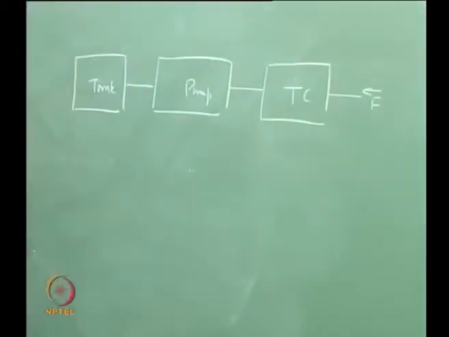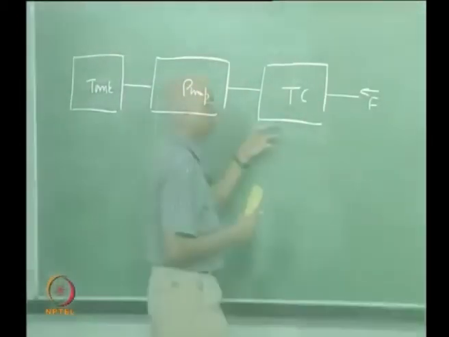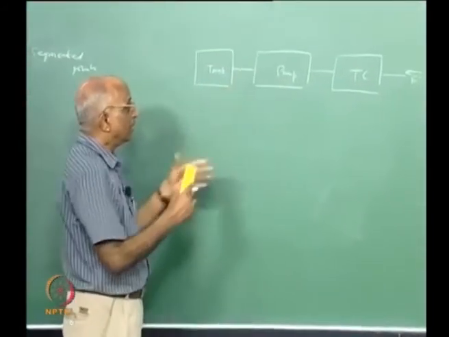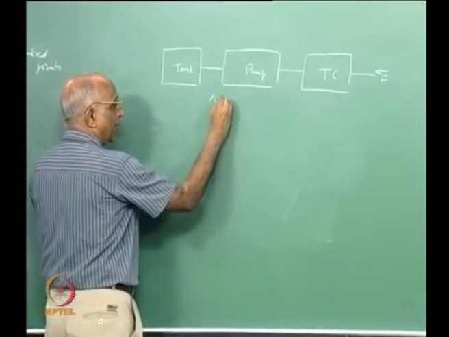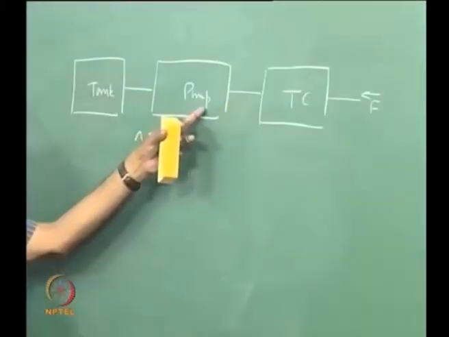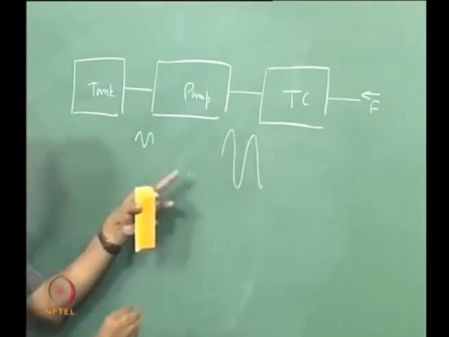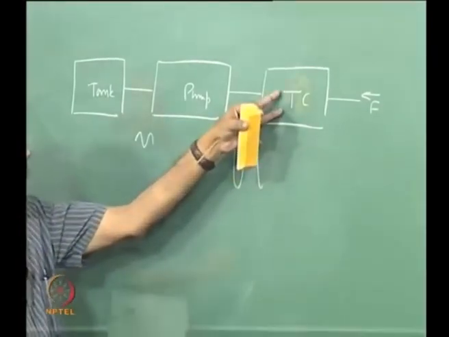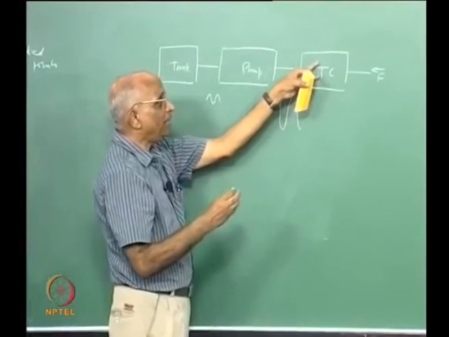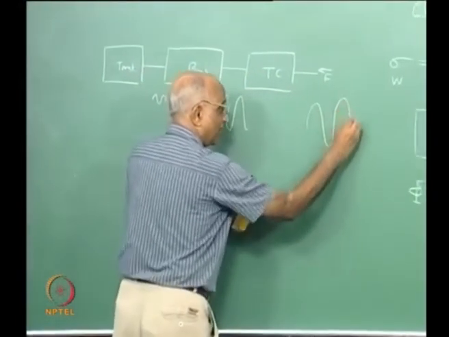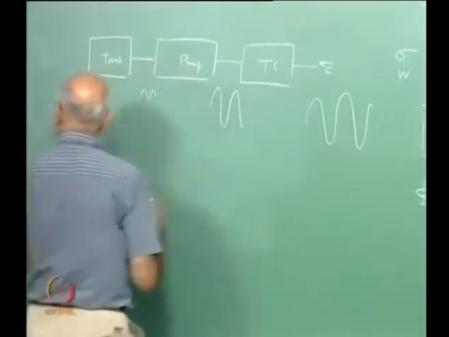Now, because of the structural oscillations of the tank, my inlet head to the pump changes, that means I get a modulation in the head here. At the outlet, pump pressure increases, the modulation increases. When the modulation increases, I am supplying propellants at a modulated rate into the thrust chamber, and therefore my force changes. What happens to the force?